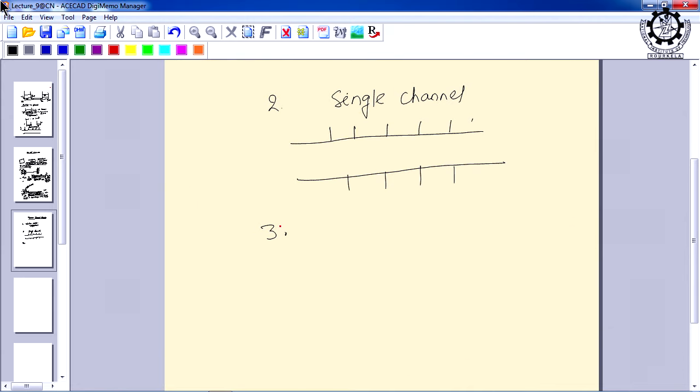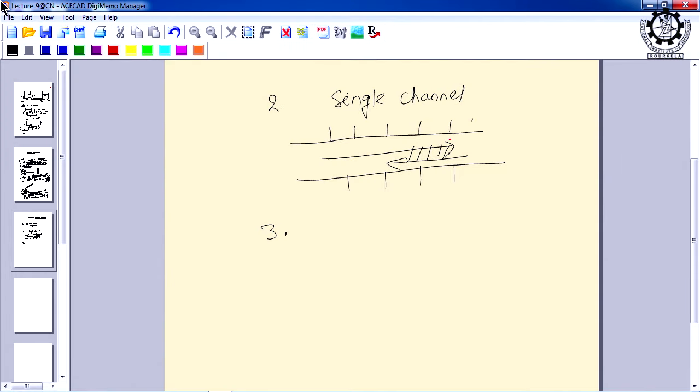The third is, in a single channel, definitely only one signal can be transmitted at any point of time. A single node can transmit its own data into the channel. If two nodes transmit, what will happen? There will be a collision. The data will be garbled and ultimately it is a loss of the data and the transmission is wasted.